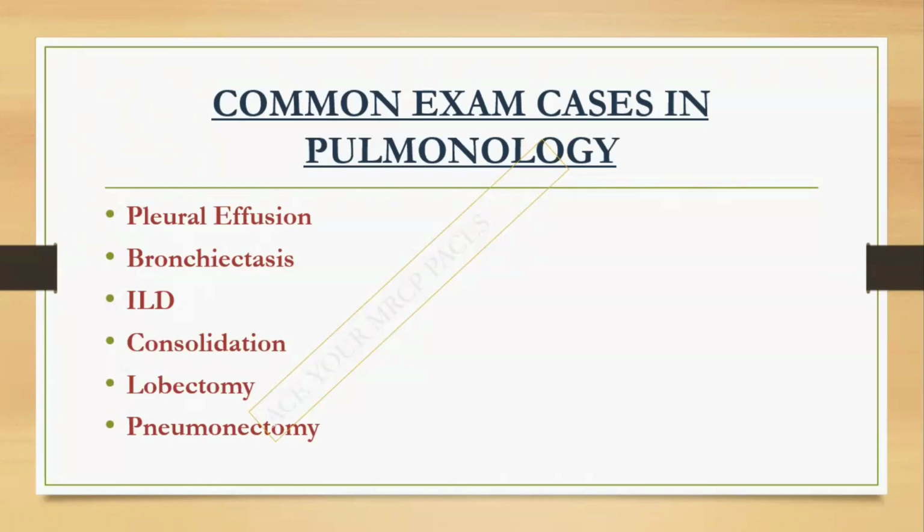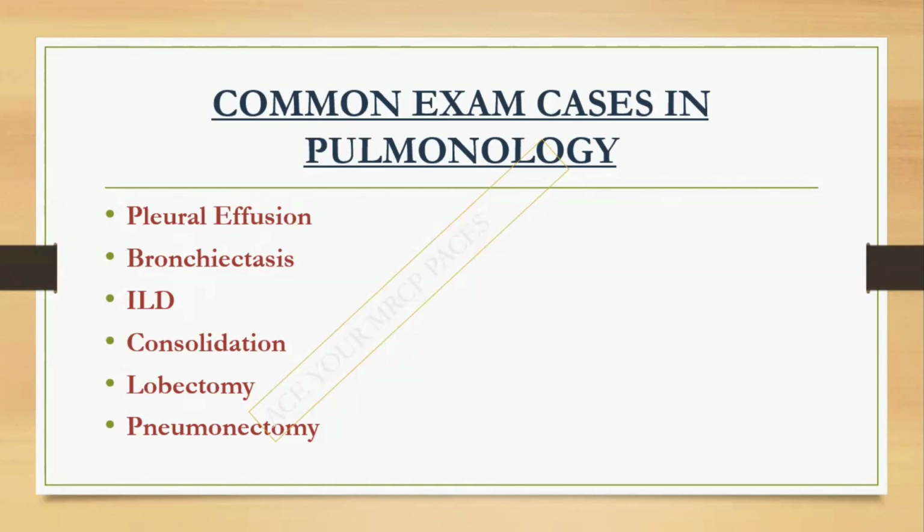Similarly, when you are telling your findings of bronchiectasis or interstitial lung disease, both of the findings are present in the lower lung bases. Again, instead of telling the whole thing on palpation, on percussion, on auscultation, you will say in both lung bases, chest expansion is reduced or normal.